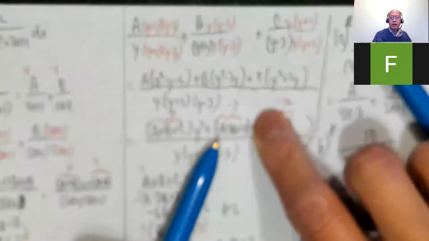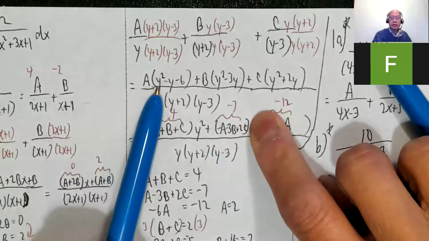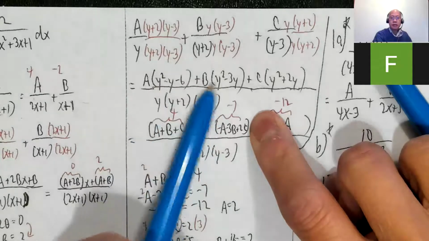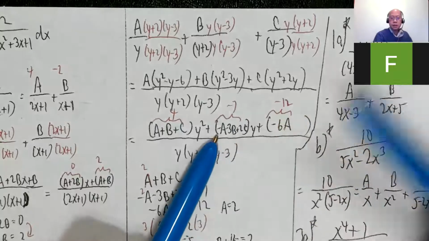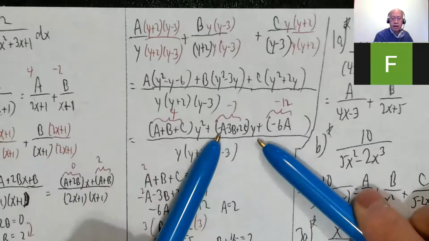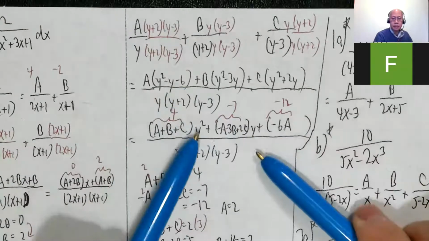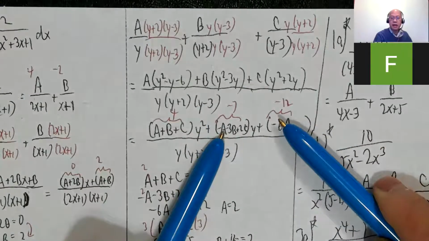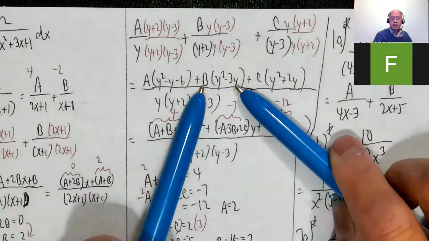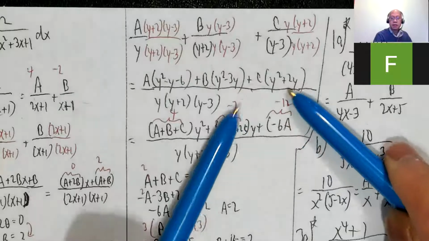So I factor out the y, negative a minus 3b plus 2c. Okay, and double check. Negative ay, there it is. Minus 3by, there it is. And plus 2cy.